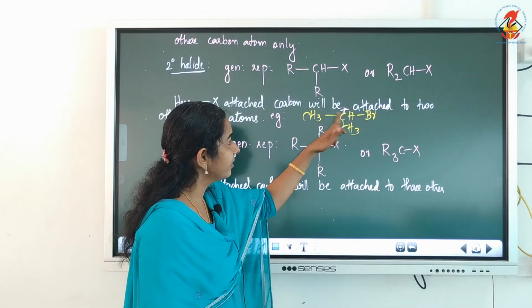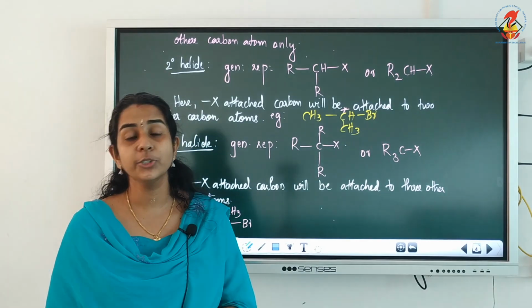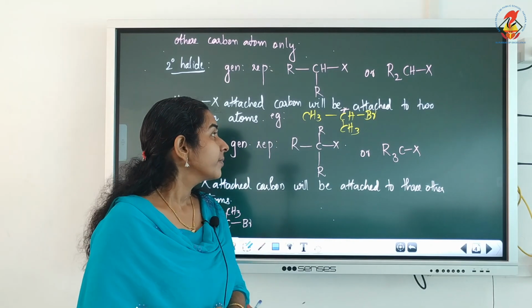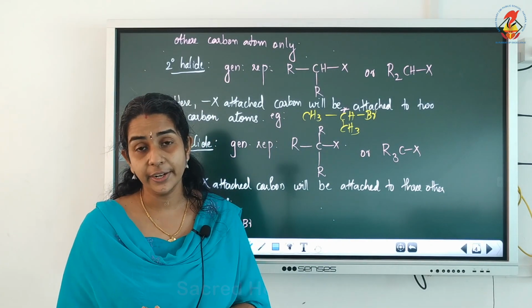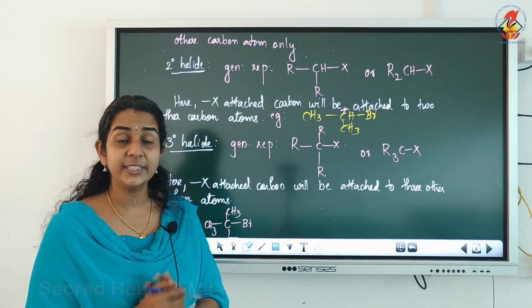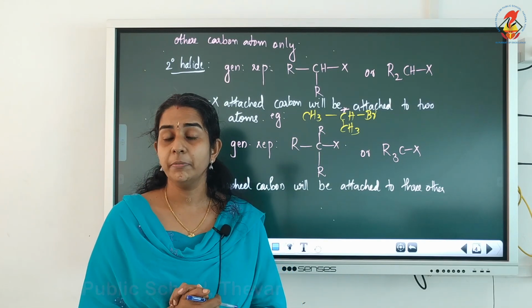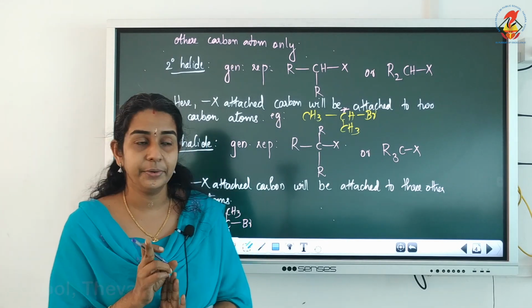Here it is attached to 2 methyl groups, so it is a secondary carbon. Here also we can easily identify secondary halides: if the X attached carbon is CHX, it is secondary. That means if the X attached carbon is CH, it will be secondary.